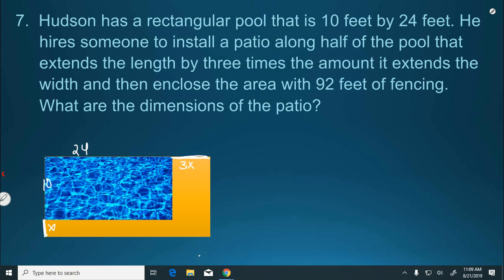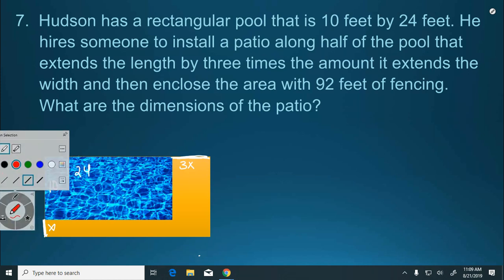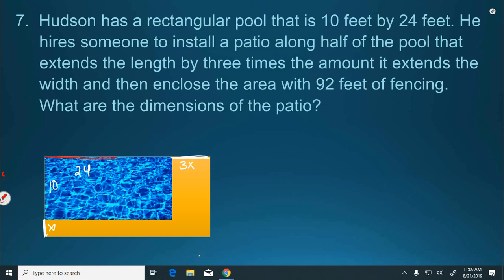So here, this whole piece across is going to be 24 plus the 3x, or 3x plus 24 on both sides. And then this whole piece downwards is 10 plus x, or x plus 10 for both widths. Now I have enough to write my equation and solve for the dimensions.